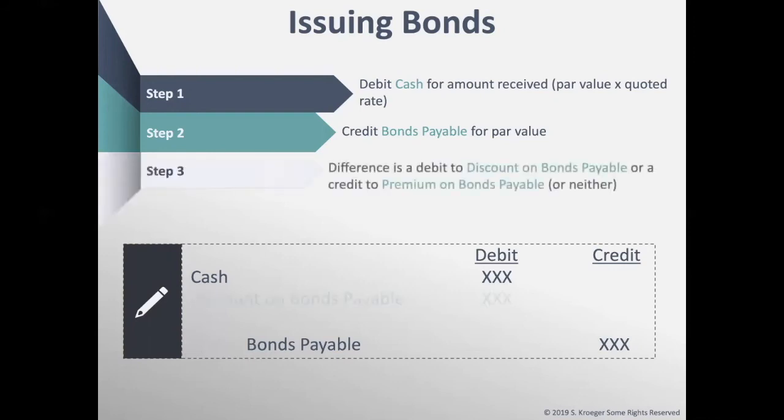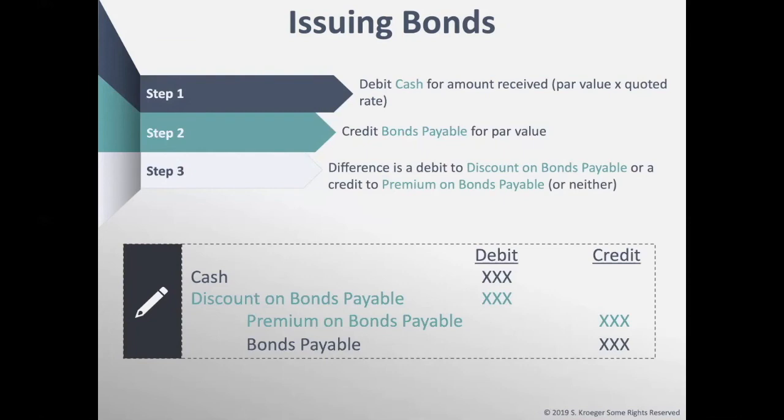The third step is where there are a few more differences. You still find the difference between the debit and credit columns, but in this case, it will be either a debit or a credit. We do not use the paid in capital account because we are not dealing with stock. Instead, we call it a discount or a premium on bonds payable.